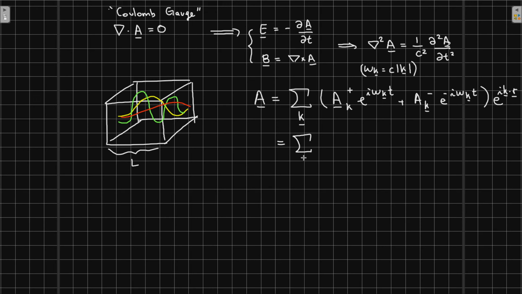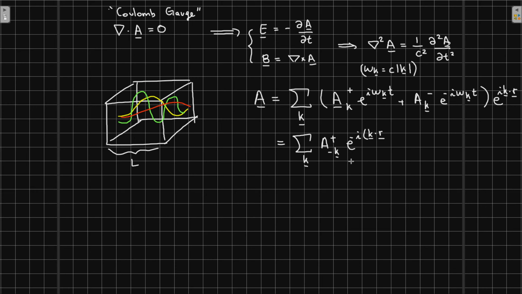Let me rewrite this in a different way. We'll have to do some manipulation. So I'll write this as A plus minus k. What I'm doing is summing from minus k to k, and here I will reverse the order of summation. By doing so, I will get e to the minus i k·r, right? Why?